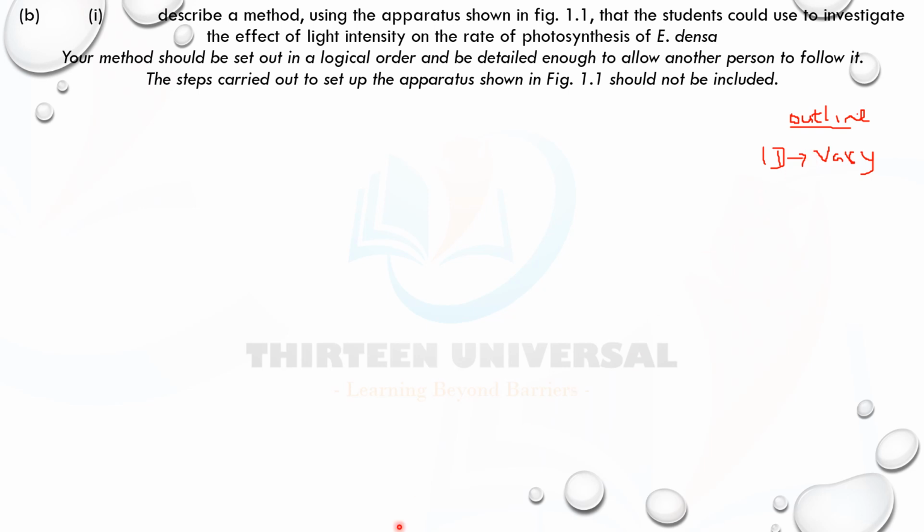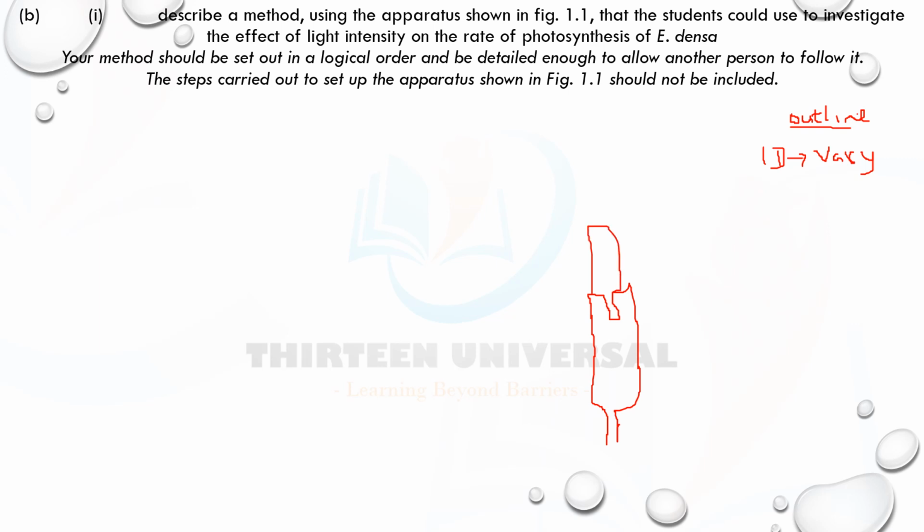So if you have a setup, because we have only one lamp, let's assume that this is our setup, like the one they drew there, having the plant and all of that inside. So don't bother about my diagram.